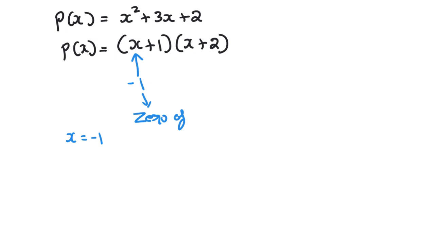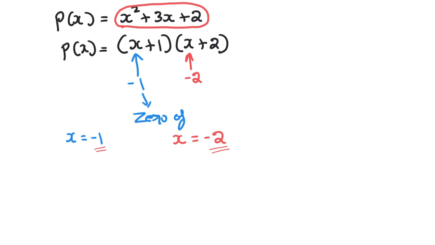Okay? Now let's come here. Can I put x as minus 2 so that this becomes 0? So in other words, if I put x equal to minus 2, even then the whole polynomial will become 0. So the zeros of this polynomial are minus 1 and minus 2.